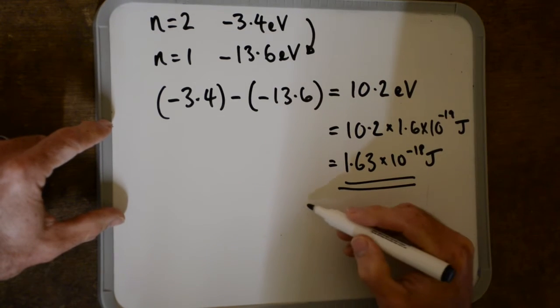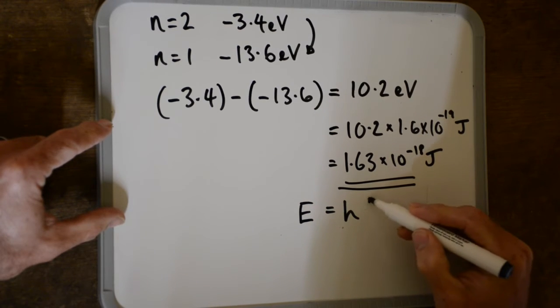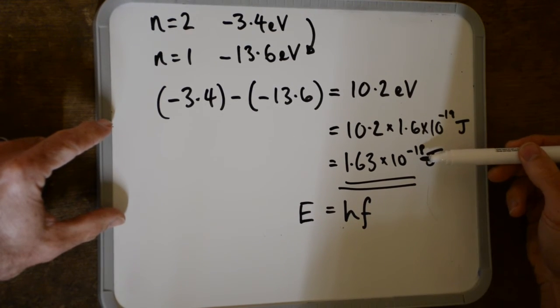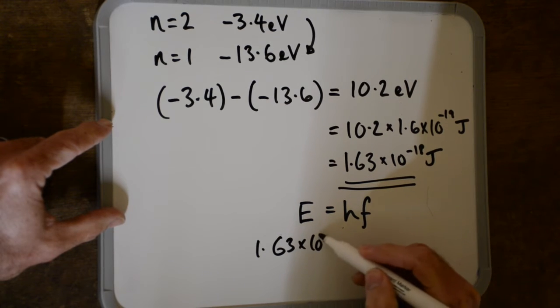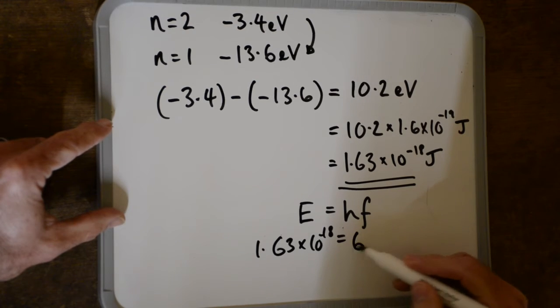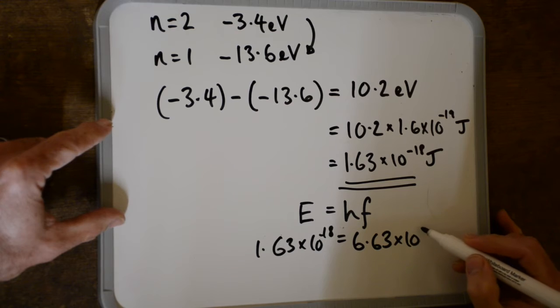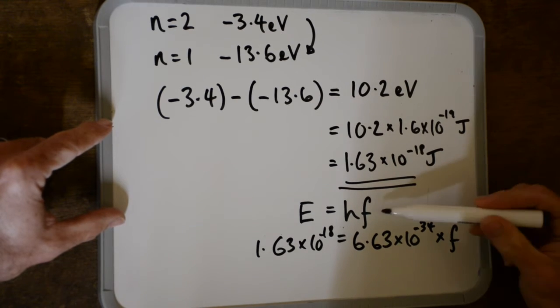Now we know that the energy of the photon released is equal to Planck's constant times the frequency of the photon. So taking our answer for the energy here, we have 1.63 times 10 to the negative 18 equals, and Planck's constant in your data booklet is 6.63 times 10 to the negative 34 times f.